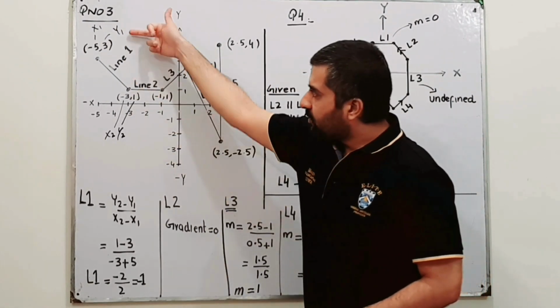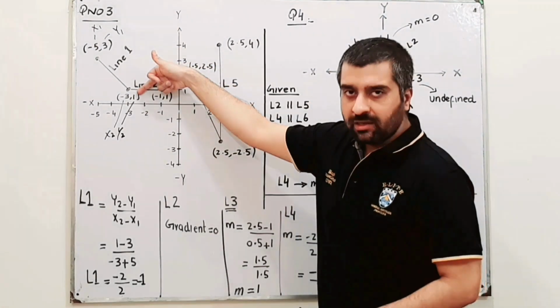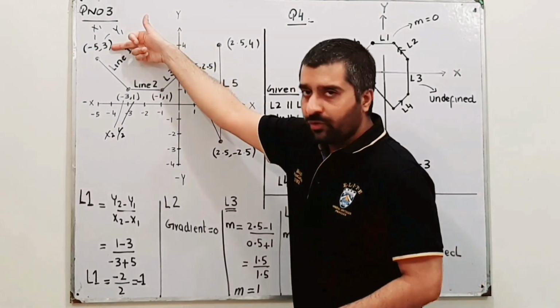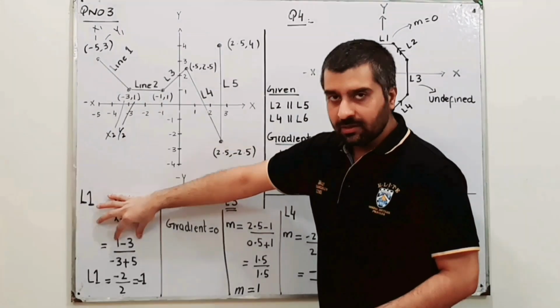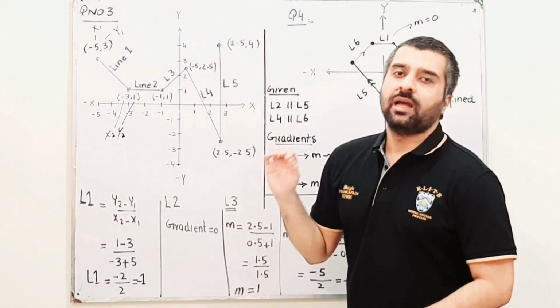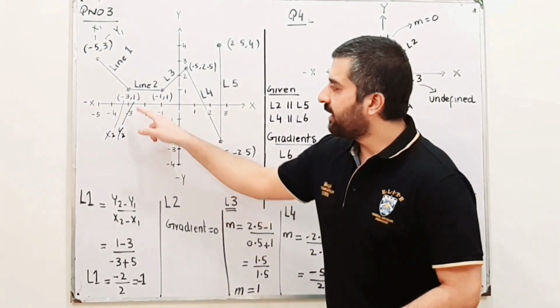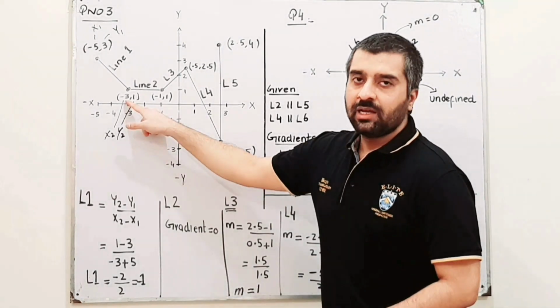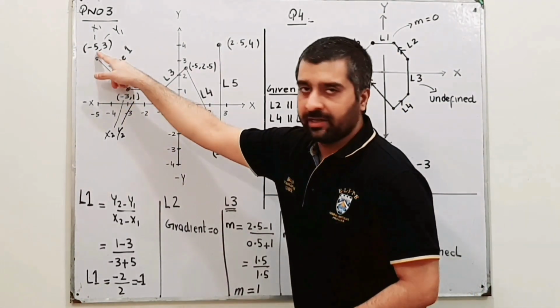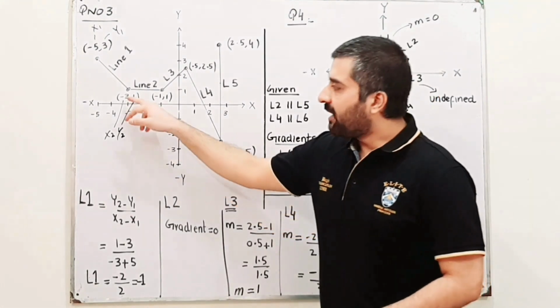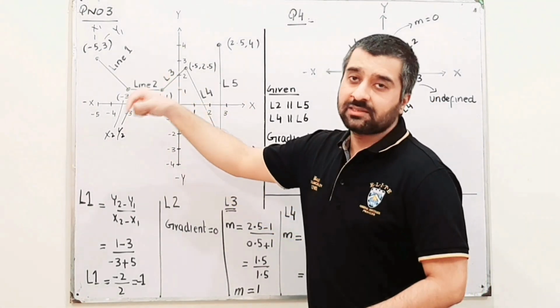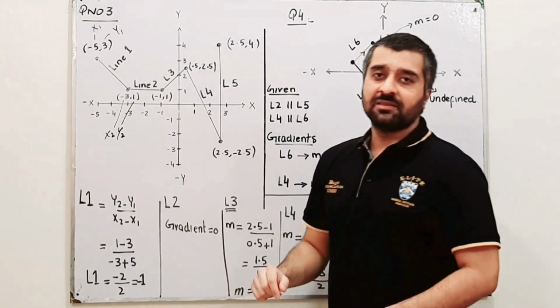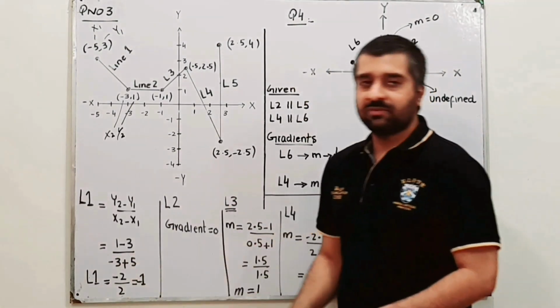So y2 minus y1, 1 minus 3, as you can see, divided by x2 minus x1. Now x2 is minus 3 and x1 is minus 5. So minus 3 minus minus 5 will give you minus 3 plus 5.